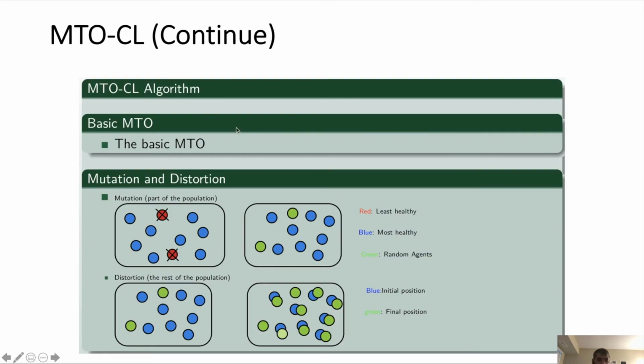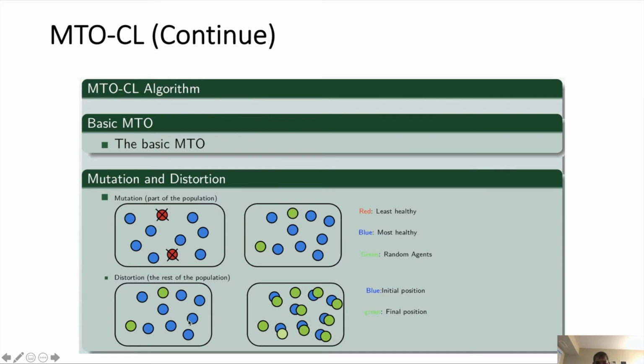This picture will explain clearly what we have done. Assume that we have 10 agents in the population. The one we marked red, we will eliminate because it is the least healthy, with the lowest fitness value, and we will add 2 green random agents in the population.